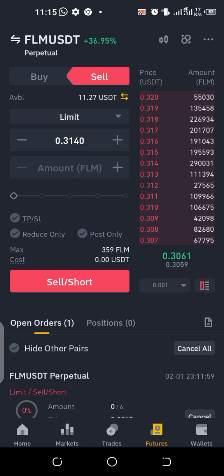For example, I'm using 0.001, and at 314 is where I think it will fall. I'm going to place my sell order a little below 314. So I can place it at 313, but I'll remove half the denomination from there. So it will be 313 minus 0.0005, that's 0.3125.